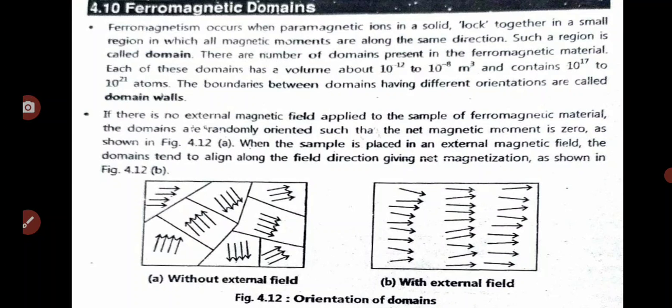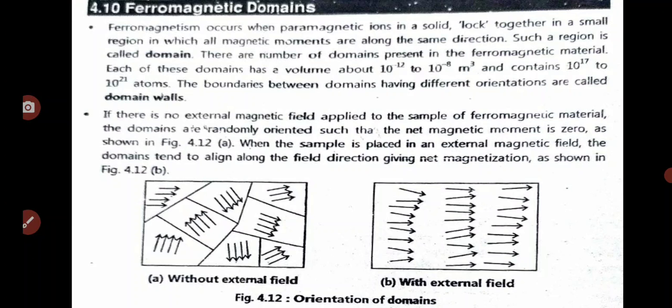The boundary between domains having different orientations is called the domain wall, which is shown in the first figure: the alignment of the domains, and between them a boundary, called the domain wall.